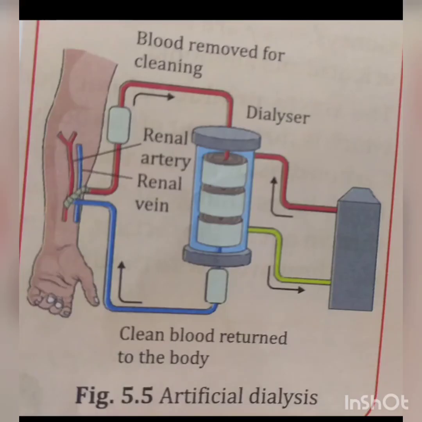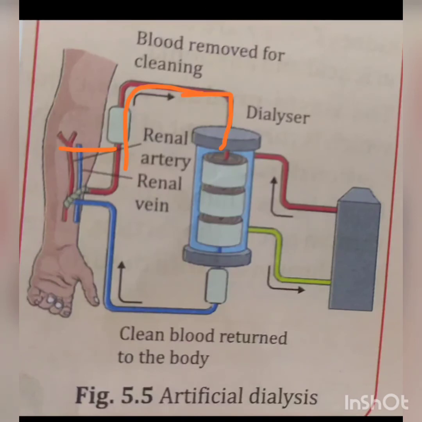In case of kidney failure, the blood is purified by an artificial method called dialysis. The steps involved in dialysis are: the blood from the renal artery of the hand is made to pass through the tube of the machine, which is made up of semi-permeable membrane kept in blood plasma.